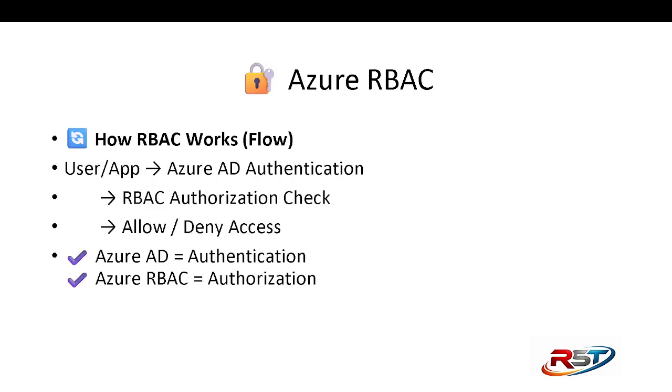That is the scope. How does RBAC work? What is the workflow of RBAC? User or app goes to Azure authentication, and then the RBAC authorization check. Suppose any user wants to access, the user is first authenticated with Azure AD. Azure AD is for authentication, like username and password, multi-factor authentication, two-factor authentication.